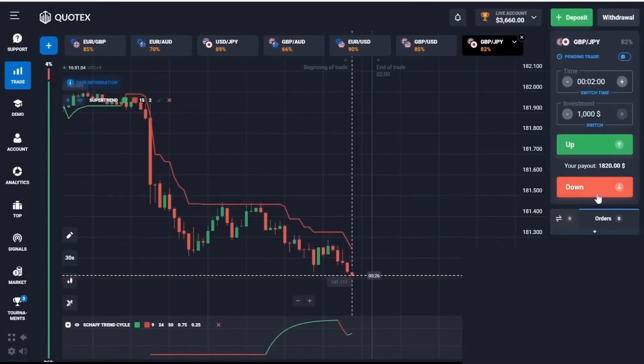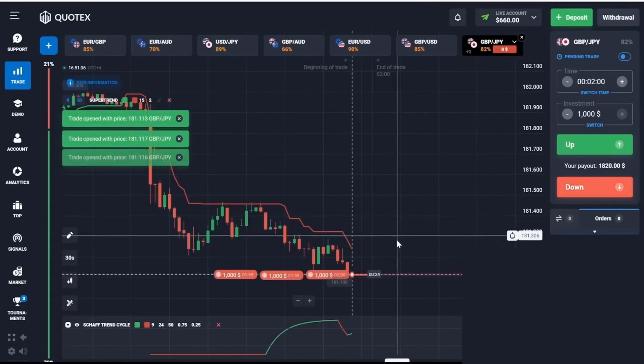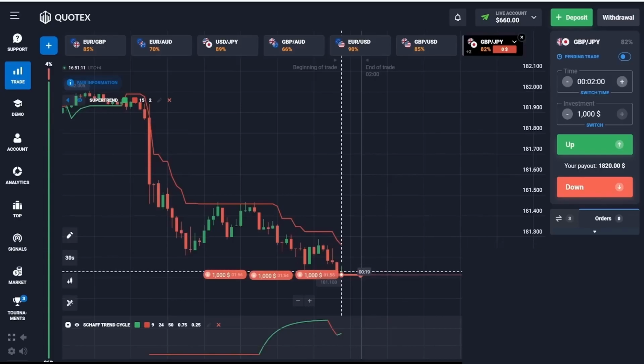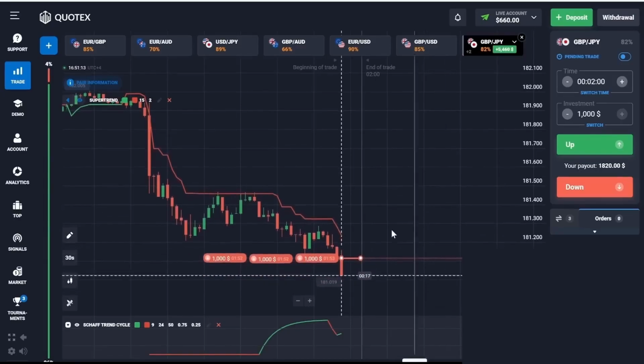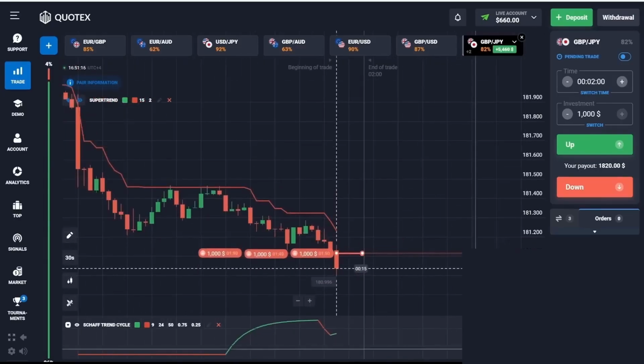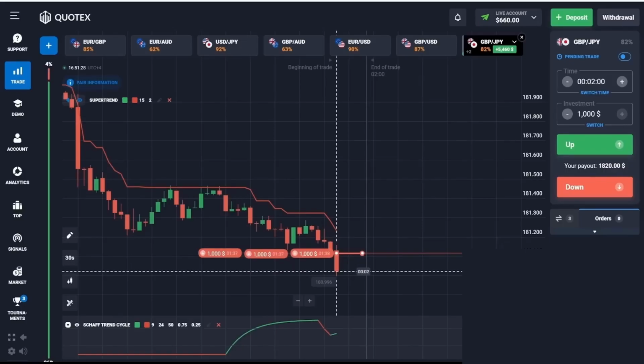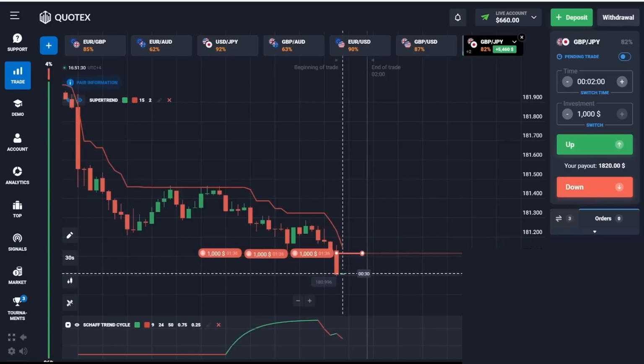So I also looked for the second moment, and it's a very, very cool moment to open a position. Here too, like the previous moment, there is a downward trend, but here it is a stronger downward trend. All this is shown as the red line of the Schaff Trend Cycle, which has been going down for a long time.